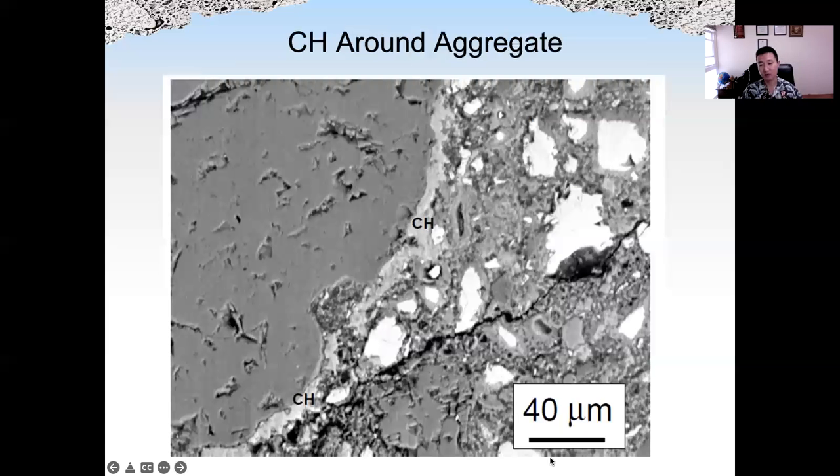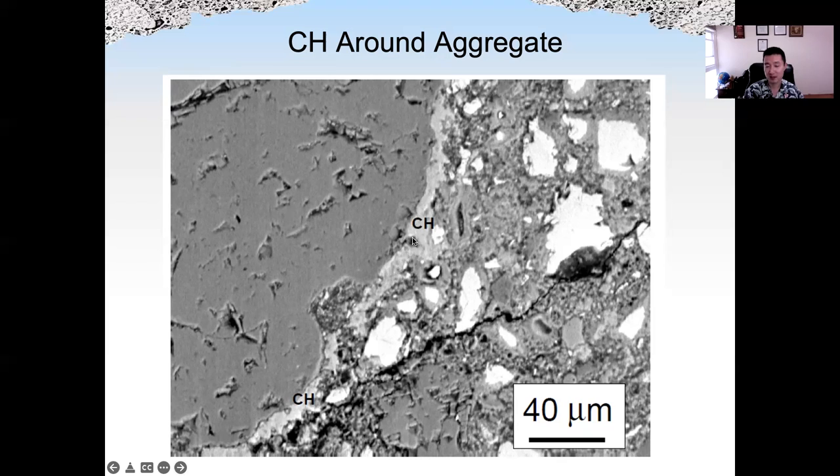Okay. As we can see from here, this is the calcium hydroxide around aggregate. So this big area on the upper left is a sand particle. Okay. The scale is 40 micrometers. Calcium hydroxide in the boundary, or the ITZ, between the sand and cement paste.